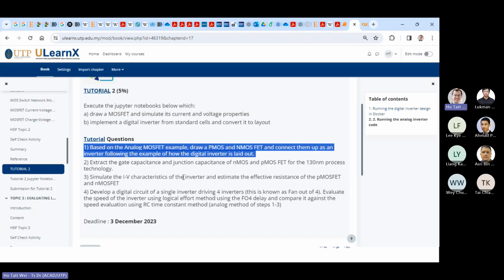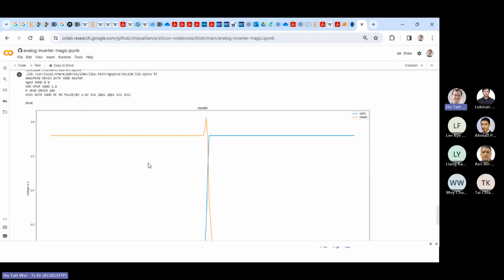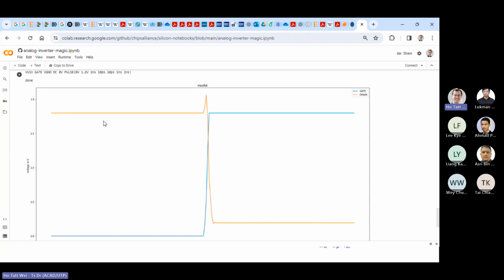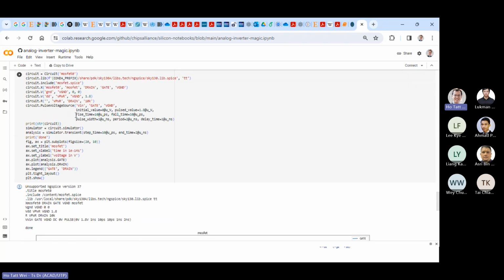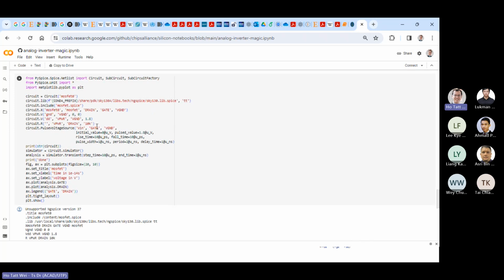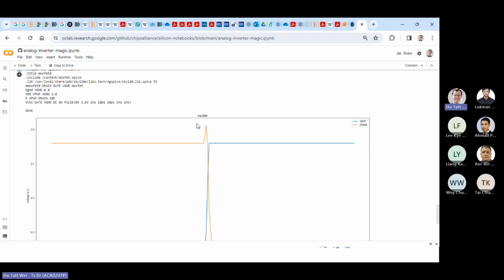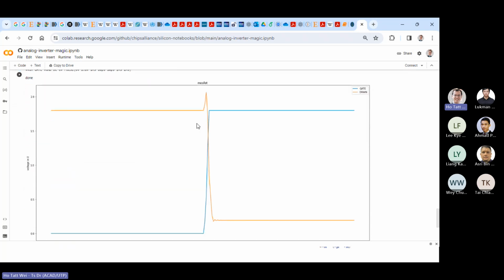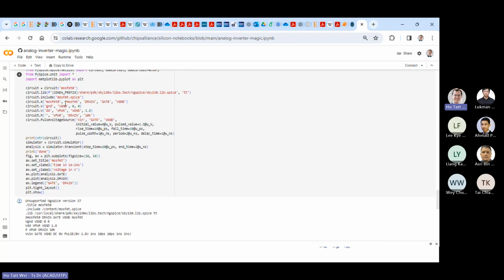And then here the IV characteristic. Basically, I want you to plot the IV characteristic in PySpice, because when you have IV, you can actually estimate the effective resistance. So the whole point of this is actually to ask you to estimate the effective resistance of the MOSFET.